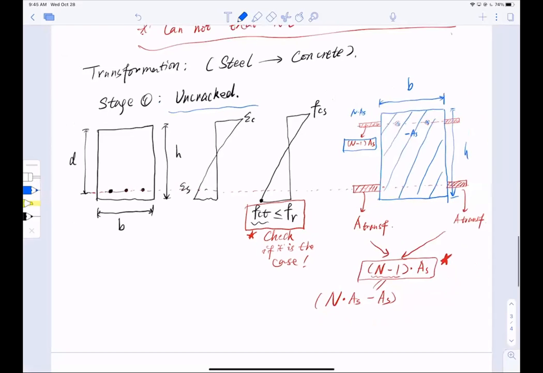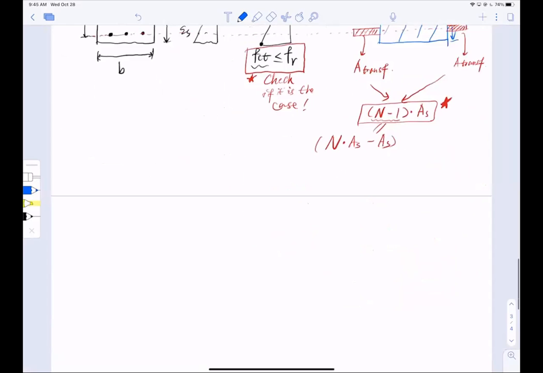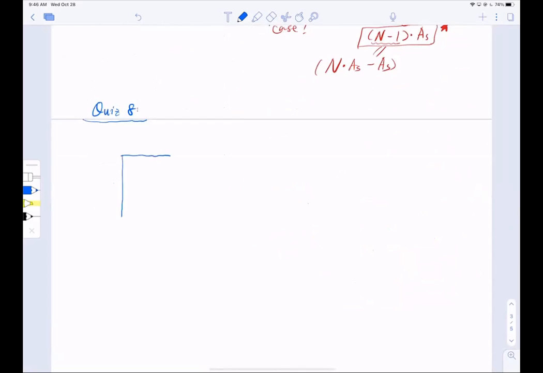Now here's my quiz, quiz number 8, a quick one. I have a section 12 inches wide and 24 inches high. f'c is 4 ksi, and the modulus of steel is 29,000 ksi.